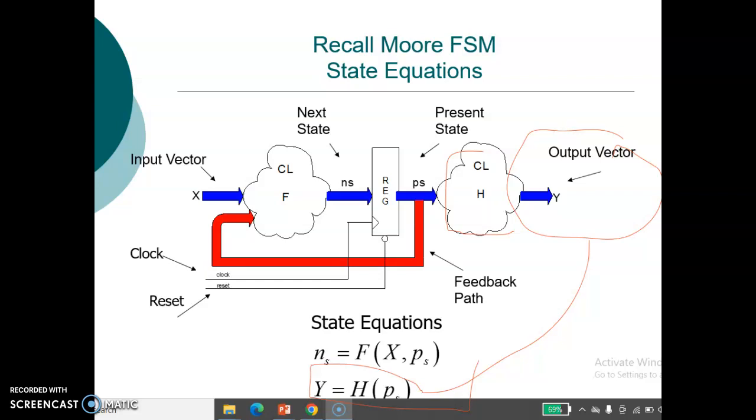That output is called the total output. So that's why H here. Then PS only goes to the H logic. So the function of PS in the H combinational logic is equal to the output Y, the output vector.